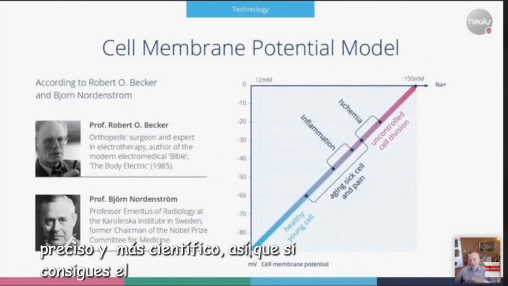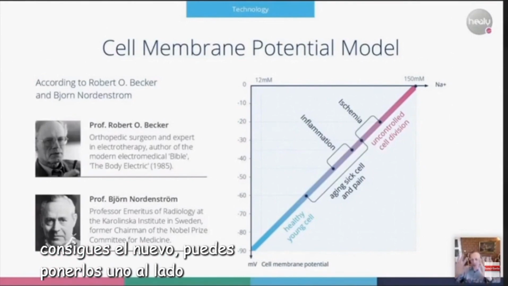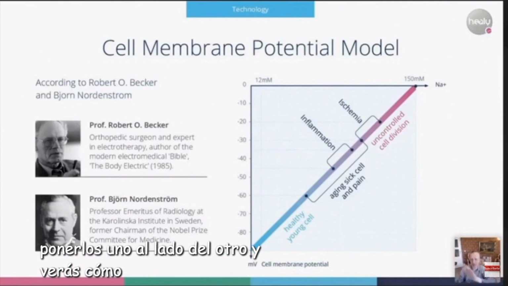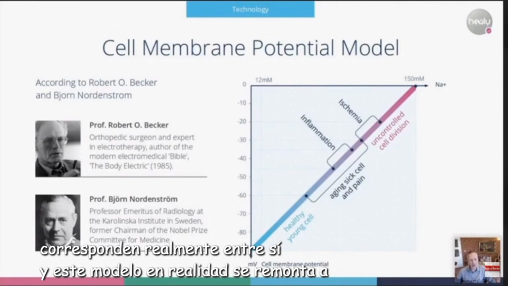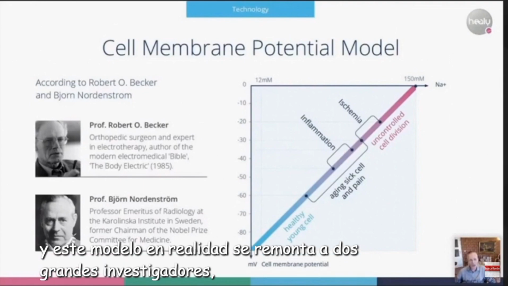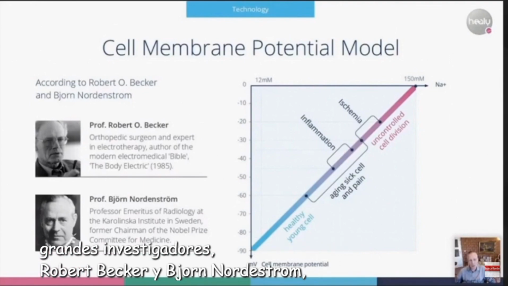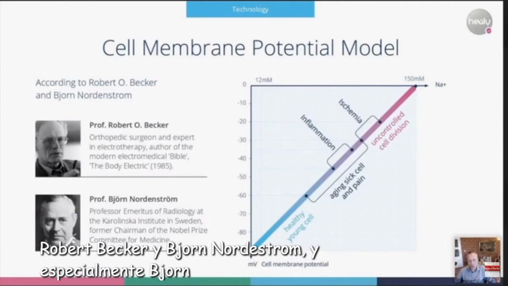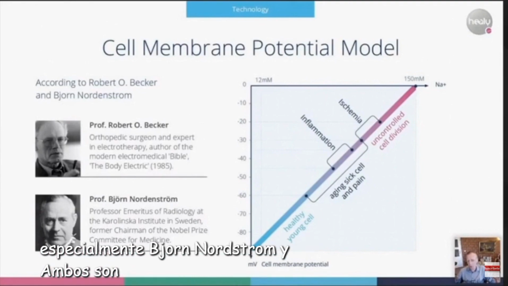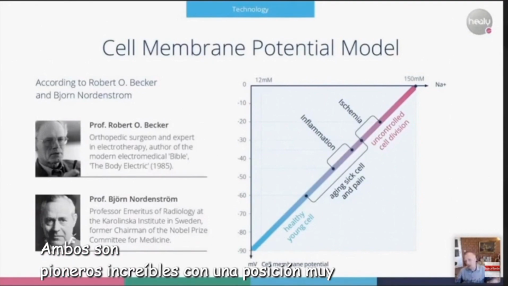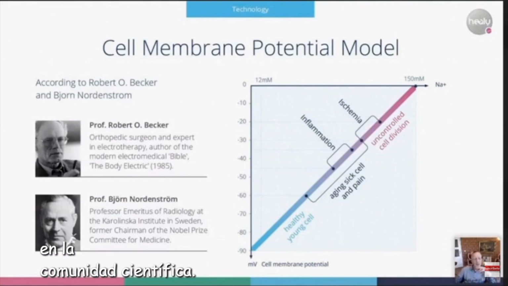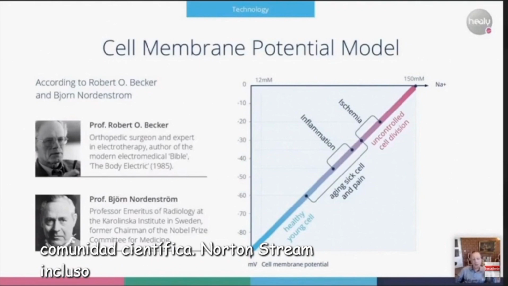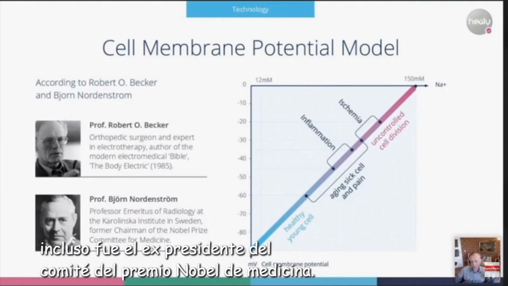So if you get the new one, you can put both of them next to each other and you will see how they actually correspond to each other. And this model actually goes back to two great researchers, Robert Becker and Björn Nordenström, and especially Björn Nordenström. Both of them are amazing pioneers with a very strong standing in the scientific community. Björn Nordenström was even the former chairman of the Nobel Prize Committee for Medicine.